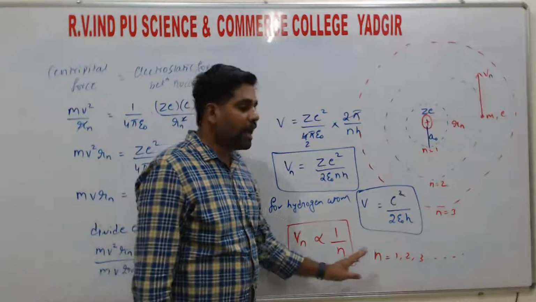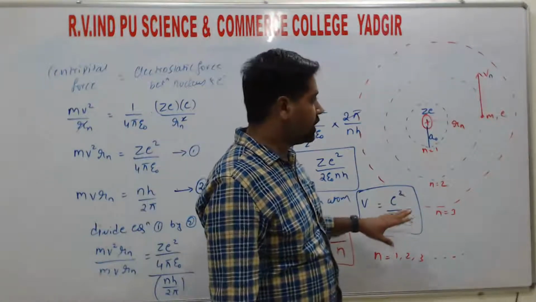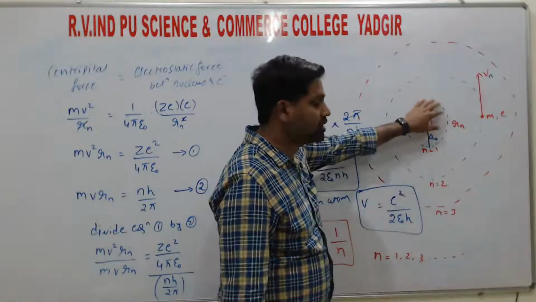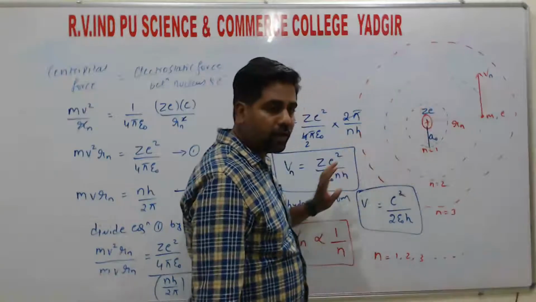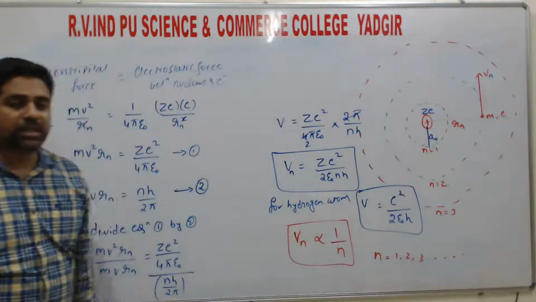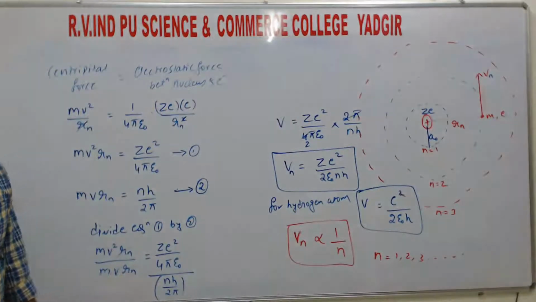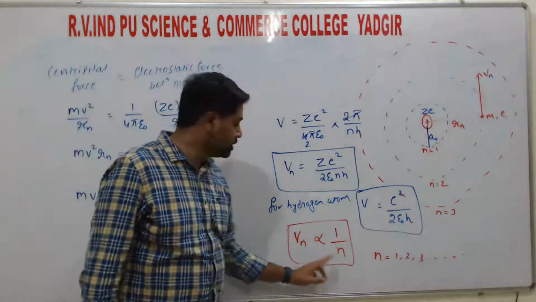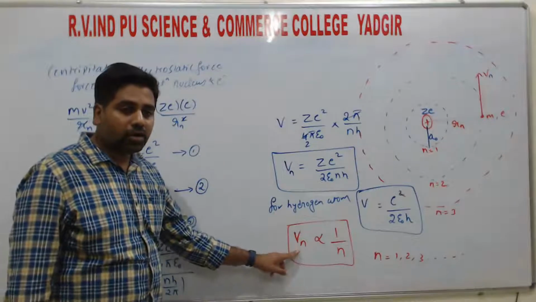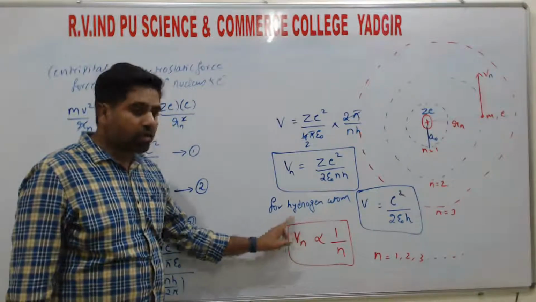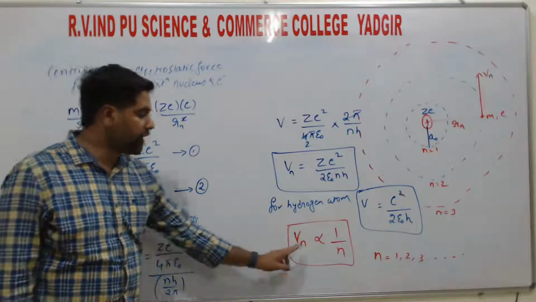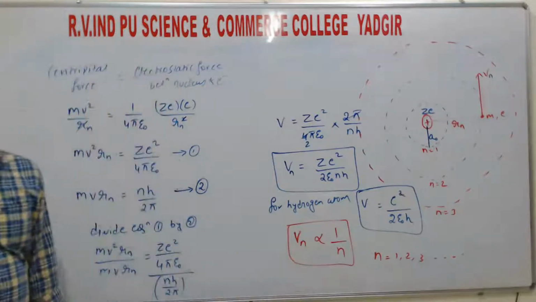So that means we have the minimum velocity in the outer orbits, and the maximum velocity in the first orbit, right? So from this relation we can conclude that as the n value increases, the velocity of the electron in that orbit goes on decreasing.